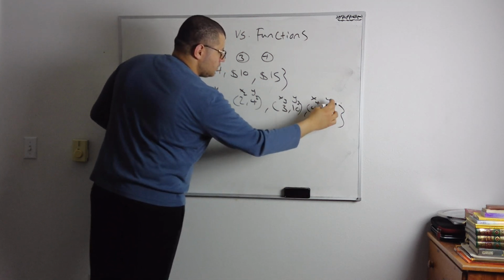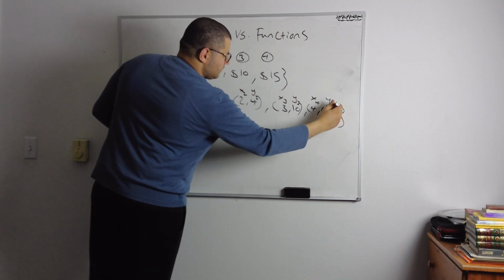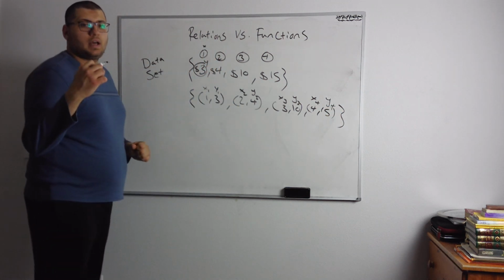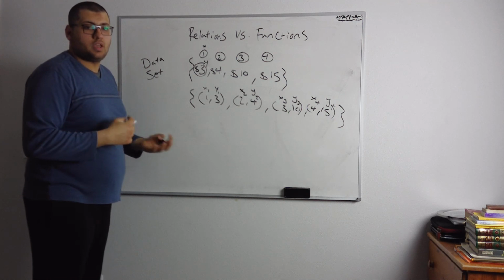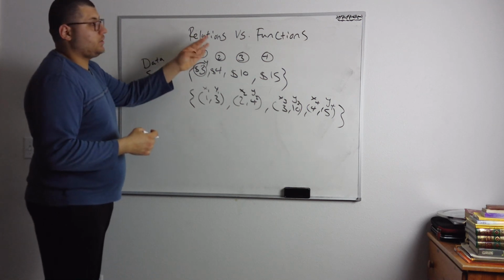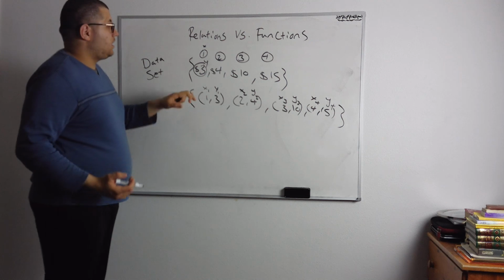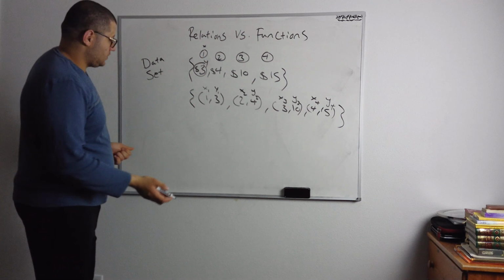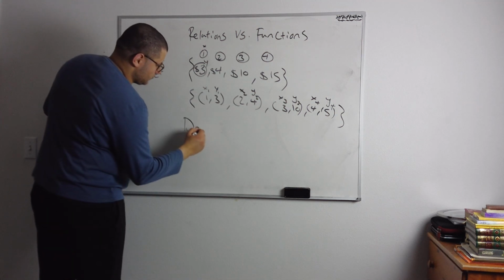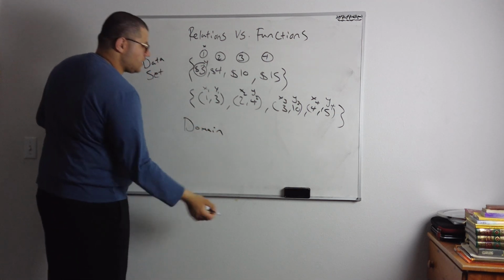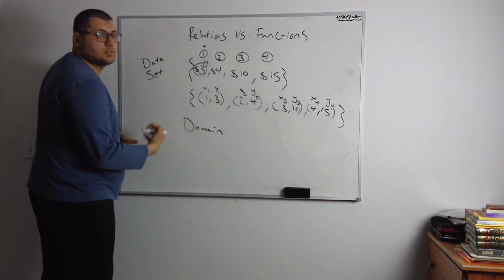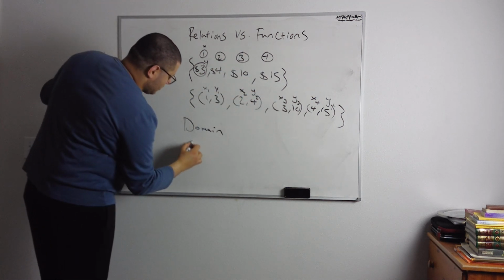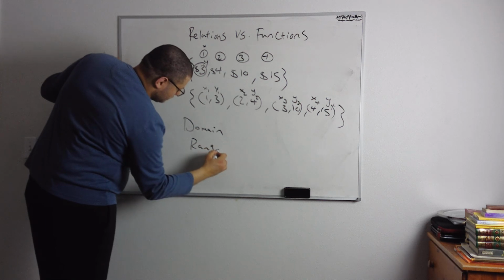Now, if you remember in a previous video, the very first video about relations and functions, where we covered how to determine if a data table is a relation or a function, we mentioned that for inputs, or x values, we have a name: the domain. So x values or input values represent the domain, and y values or output values represent the range.